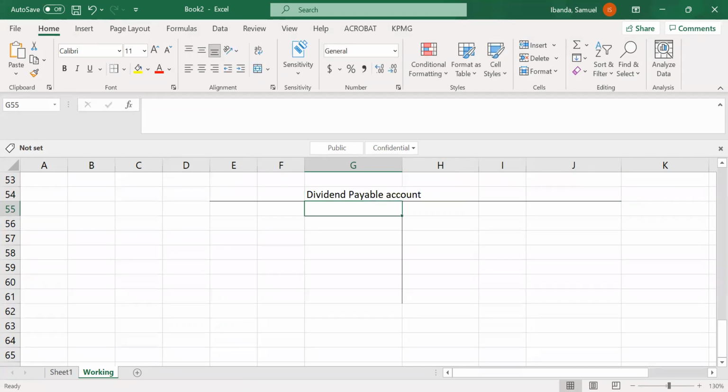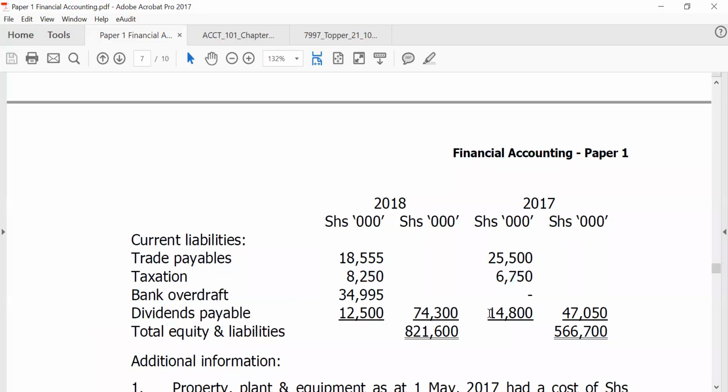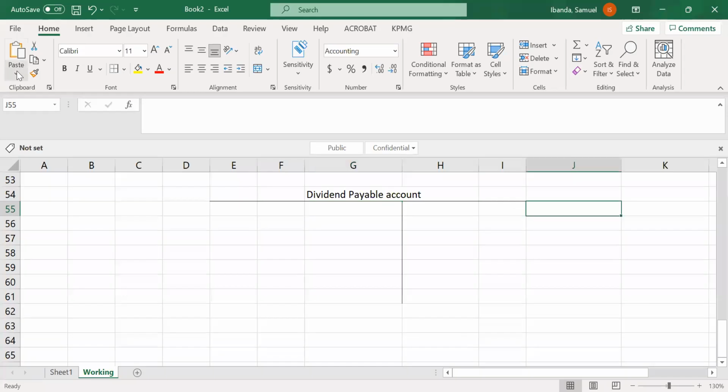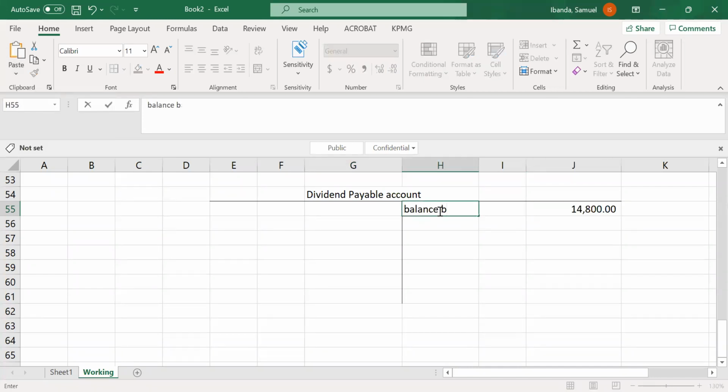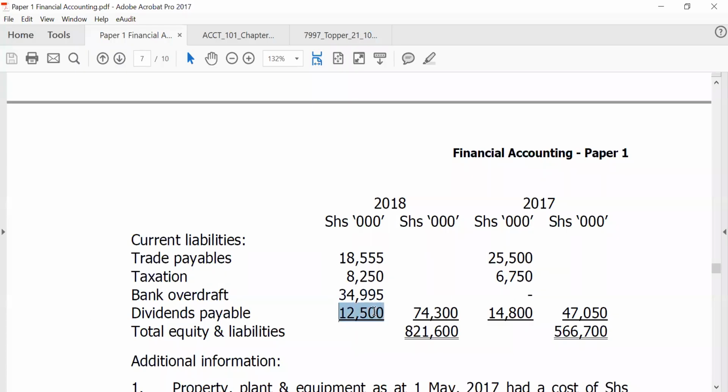In the dividends payable account, I'm going to have my balance brought down. Since this is a liability, this will be my balance brought down and this will be my balance carried down. So balance brought down, that value. Then my balance carried down is this value.